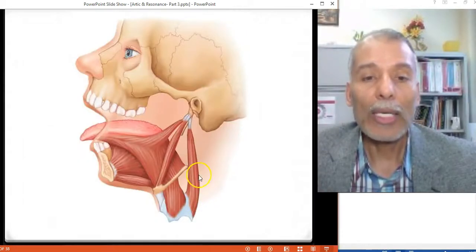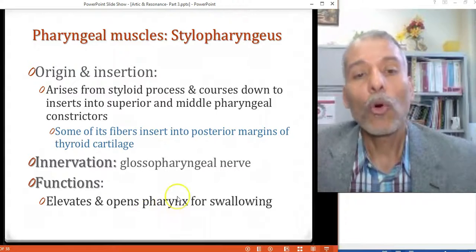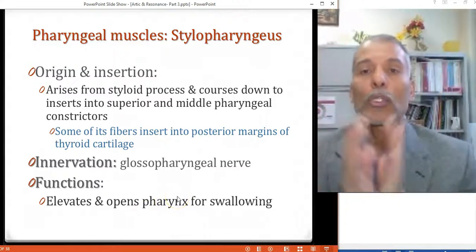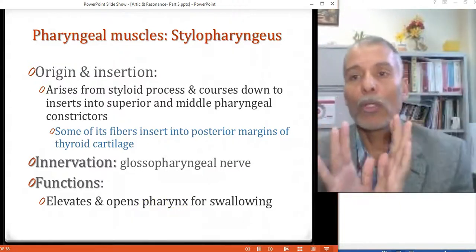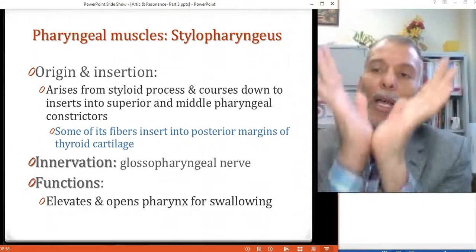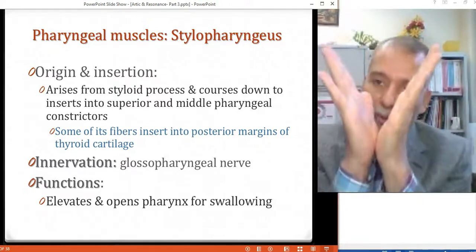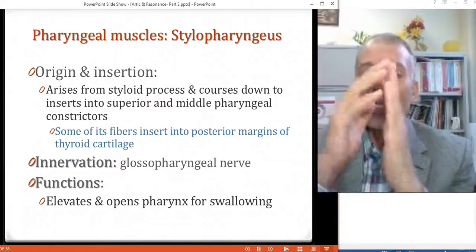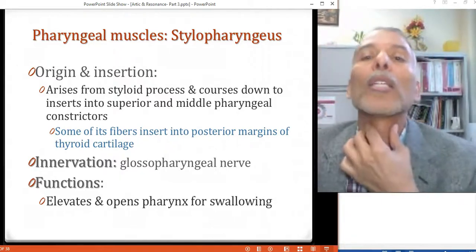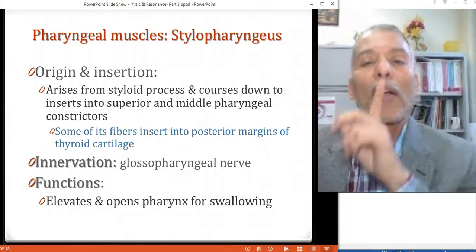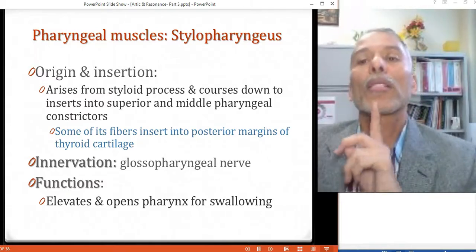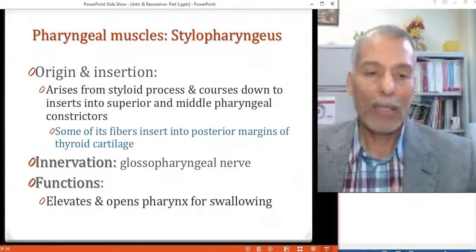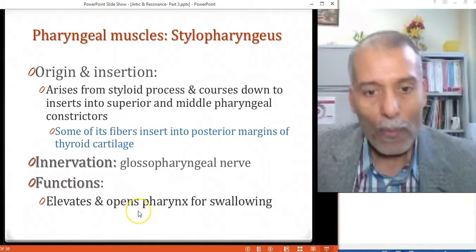And the function is to elevate and to open the pharynx for swallowing. So the food is coming down, you elevate the pharynx to assist, and when you elevate, you dilate, and then the food goes in, and then you lower. You can try it. Swallow, and the whole larynx is going to be elevated up.